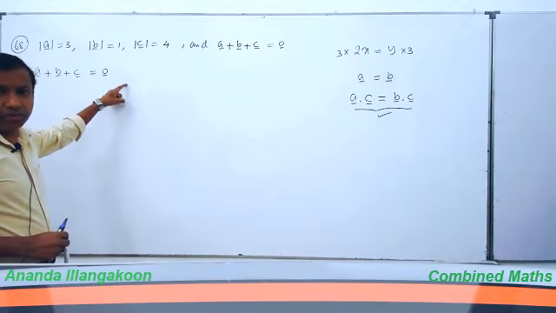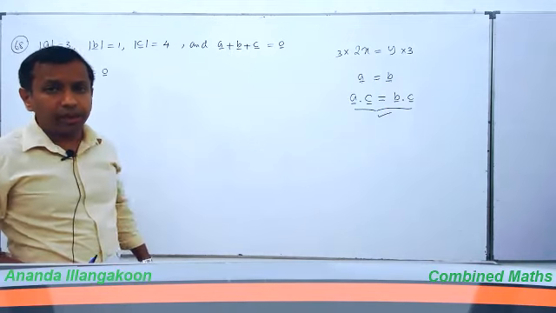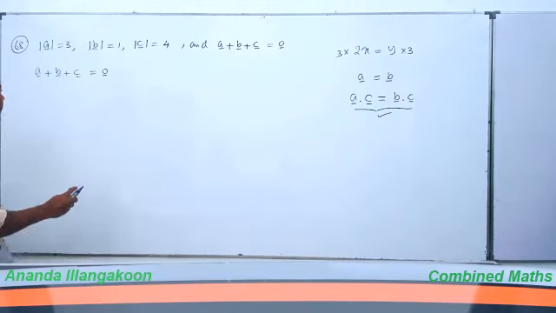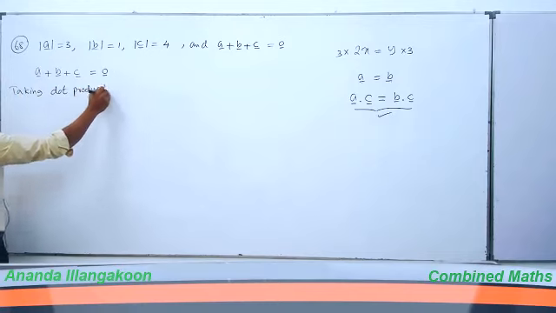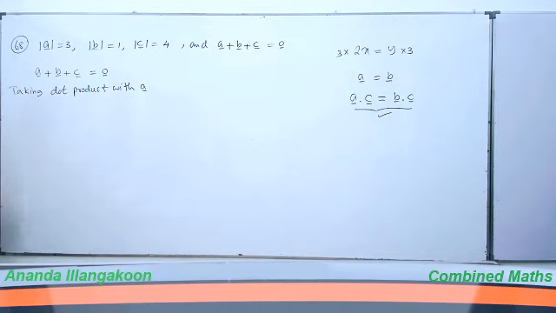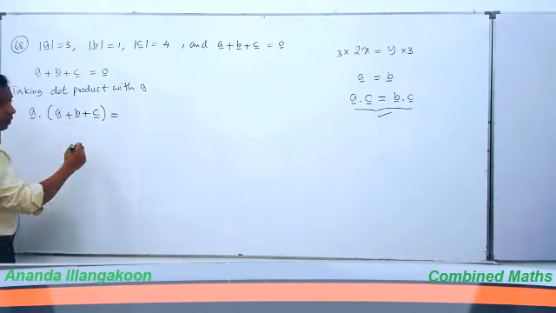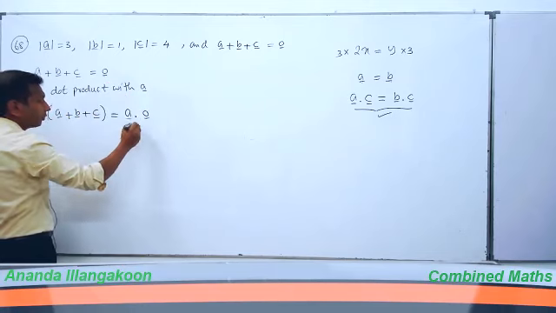Then I take the dot product of both sides with the vector A. Then we can write, taking the dot product with the A vector, A dot (A plus B plus C) is equal to vector A dot null vector.